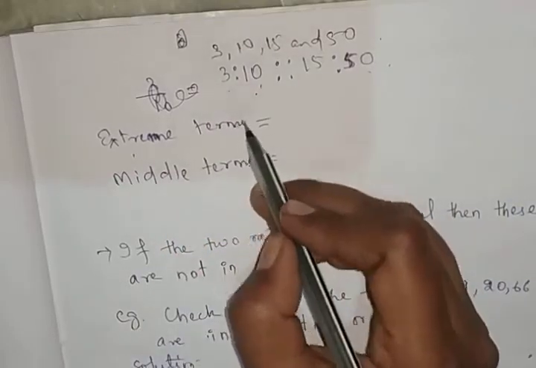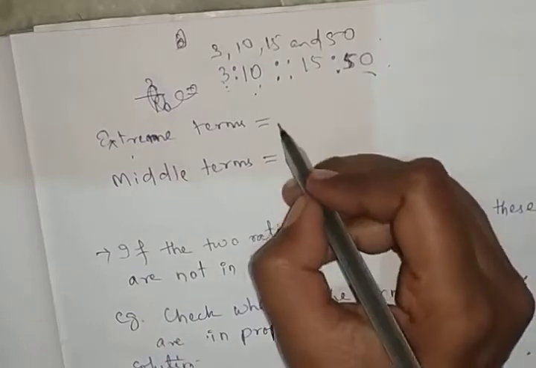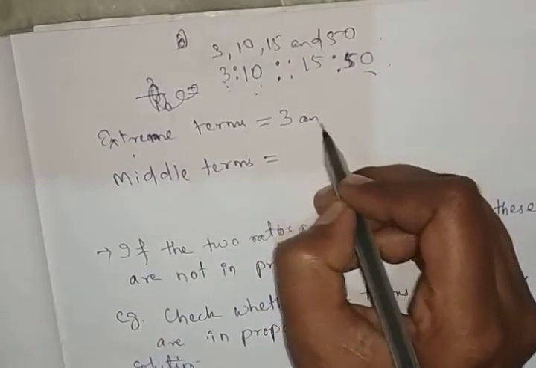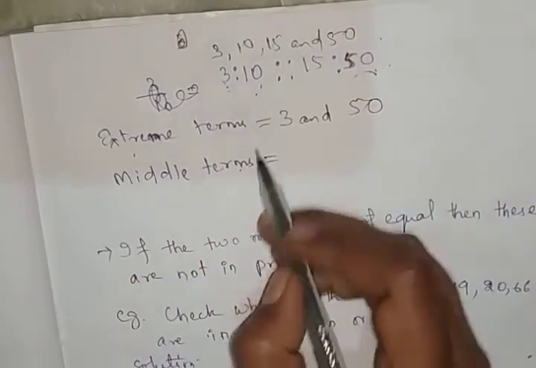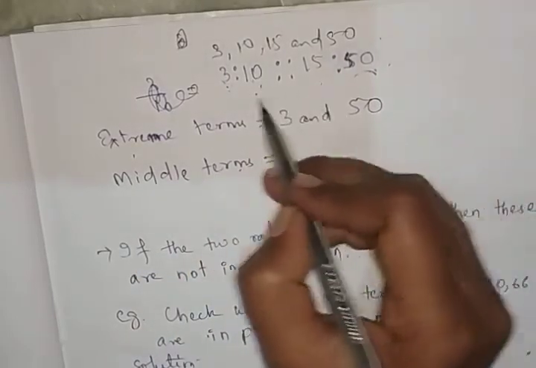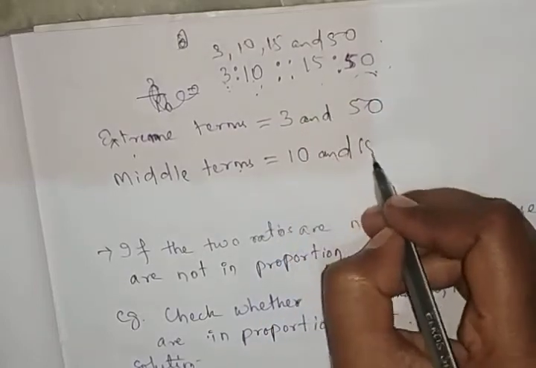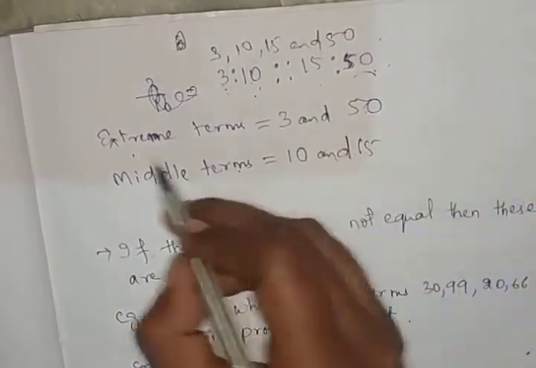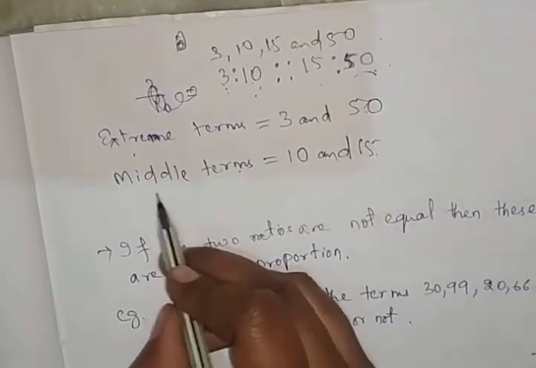Extreme terms are the first and fourth terms: 3 and 50. Middle terms are the second and third terms: 10 and 15. So here 3 and 50 are extreme terms, or extremes, and 10 and 15 are middle terms, or mean terms.